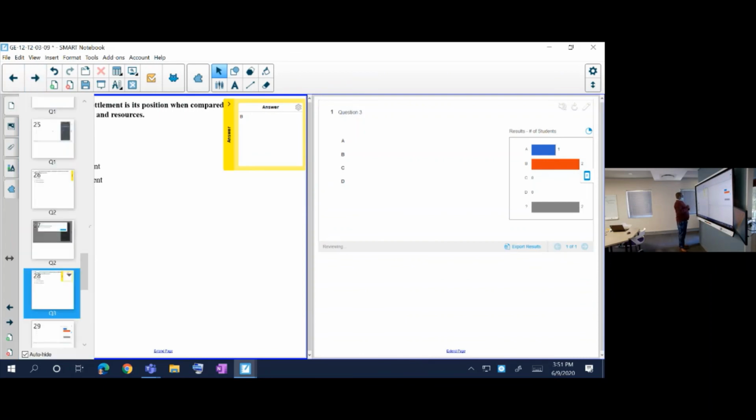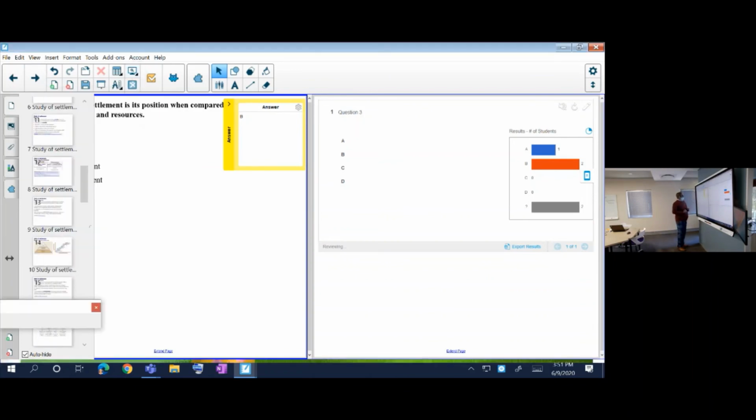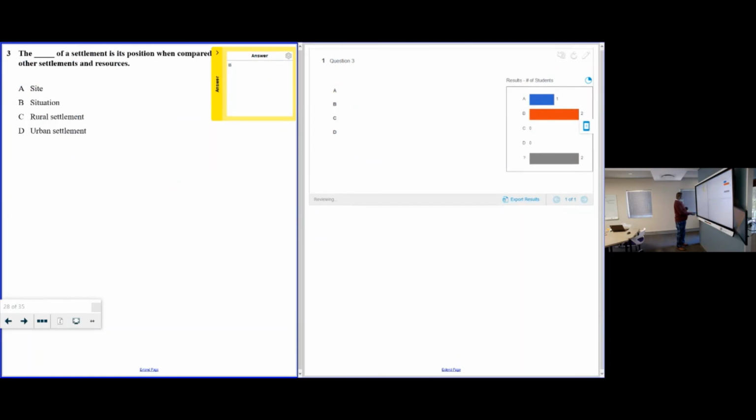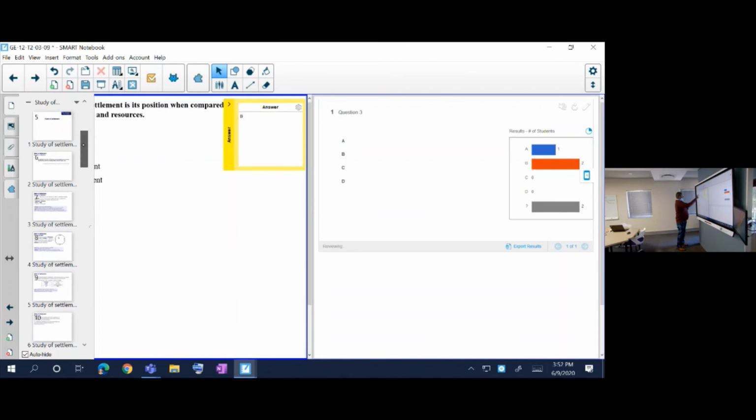So let's go back to, okay, let's exit the full screen. And let's go back to our definitions.